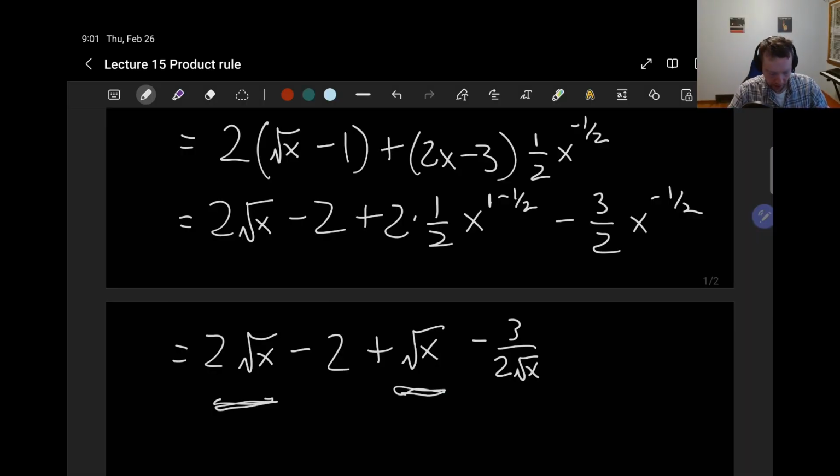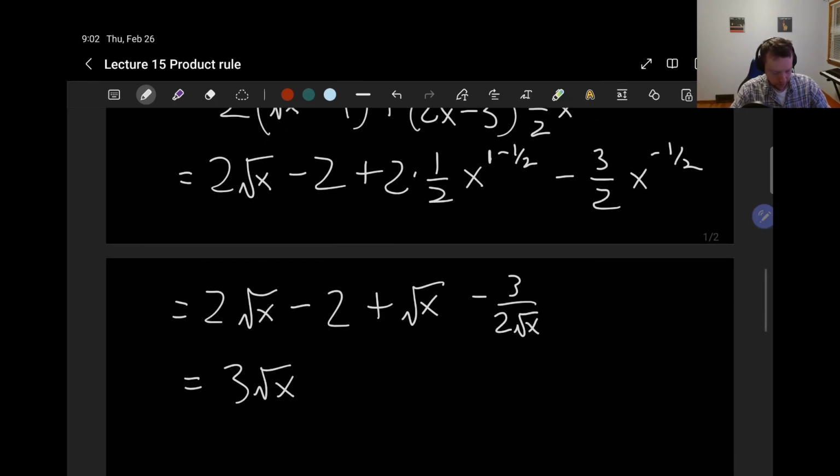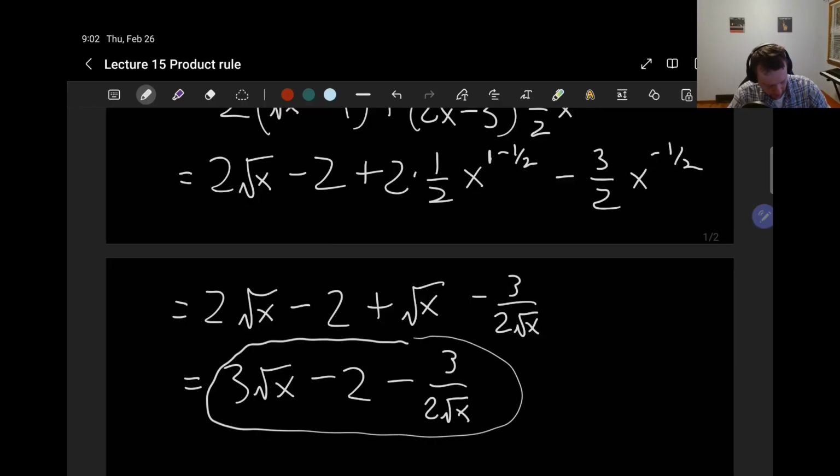They can combine into 3 times the square root of x minus 2. And then this weird term here. And that's the most simplified it gets.